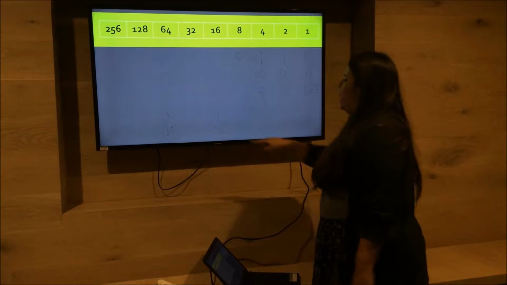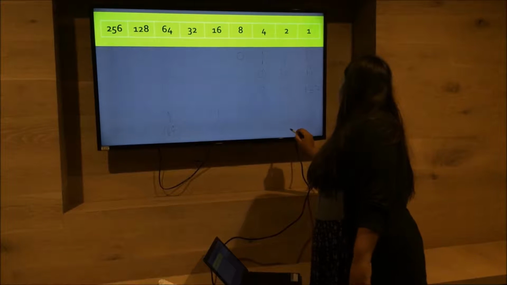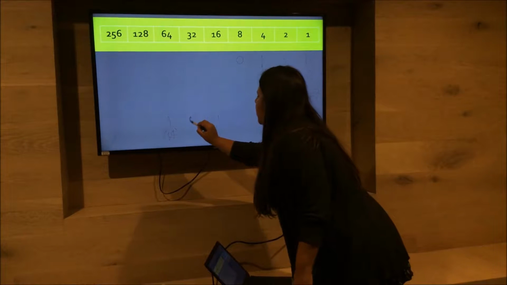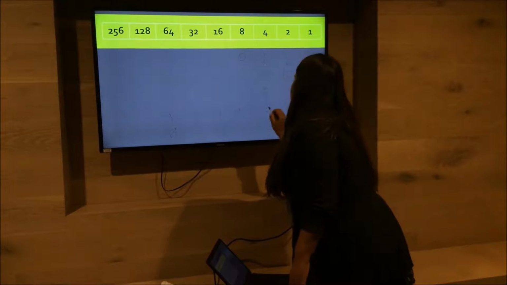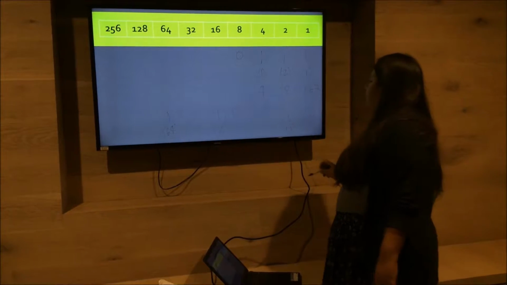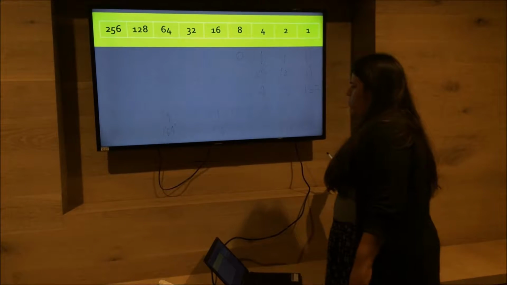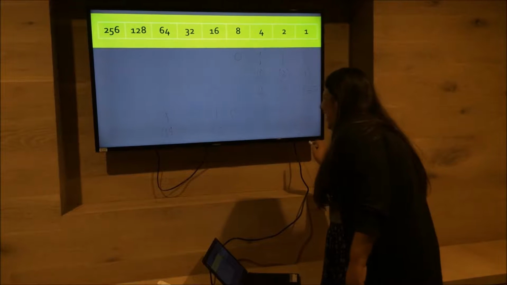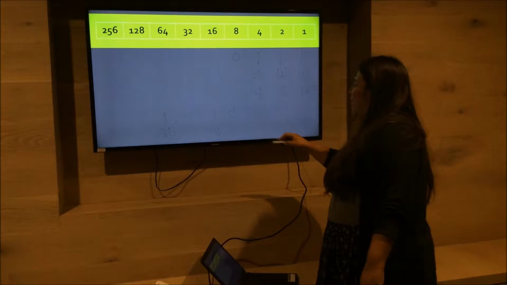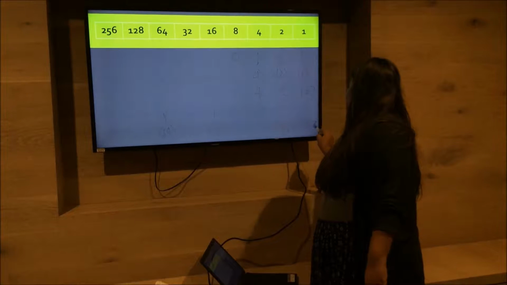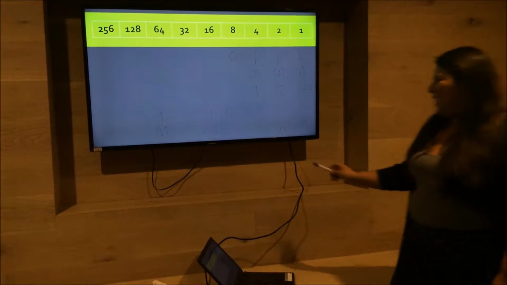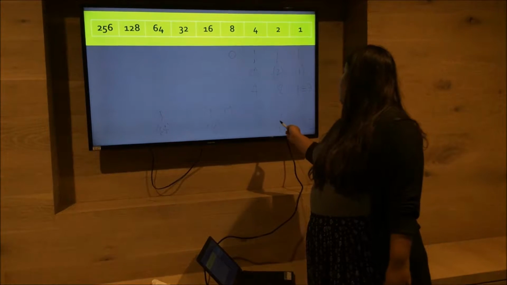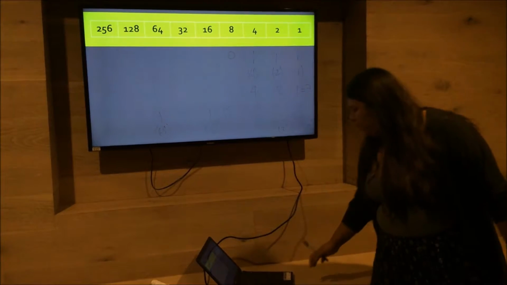So in this case, if we have these two ones and maybe this 2, and we use 0 in the blank spaces, this will be 64, 16, 2, which is 82. And this is the decimal system, and this is the binary system.